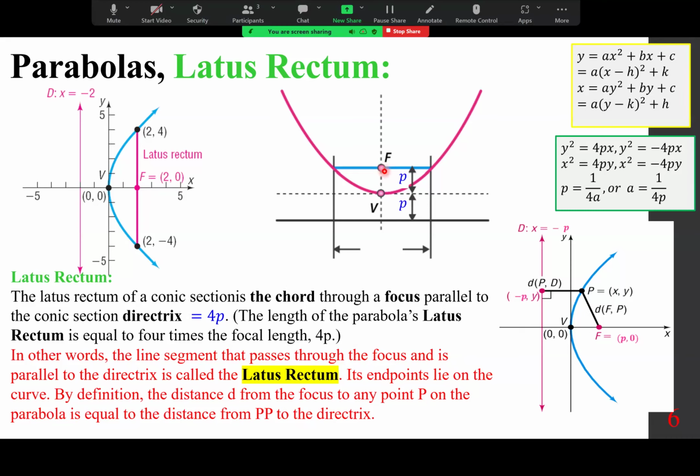This distance is P, this distance is P by definition. Therefore, from here to here becomes 2 times P. If this is 2 times P, so is this one, and from here to here becomes 4P. Believe it or not, that's the proof.